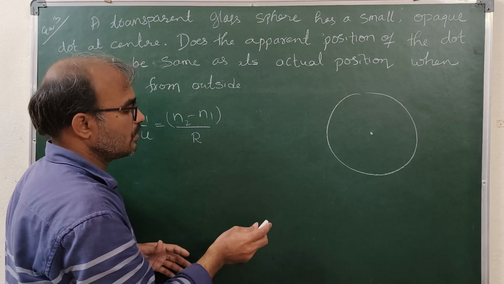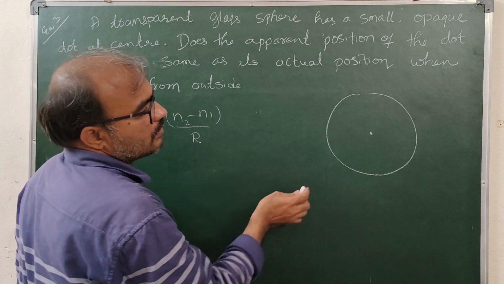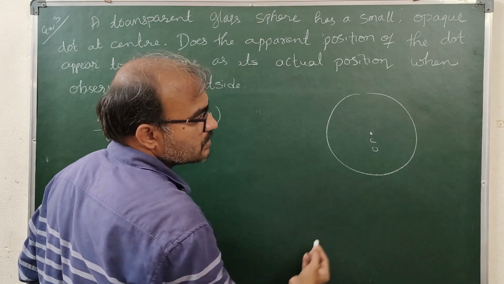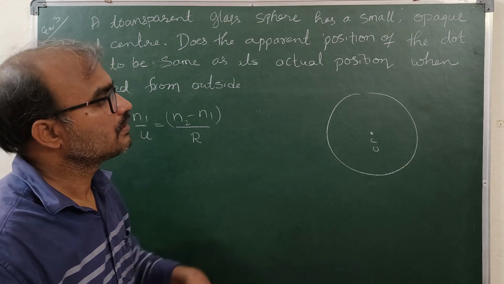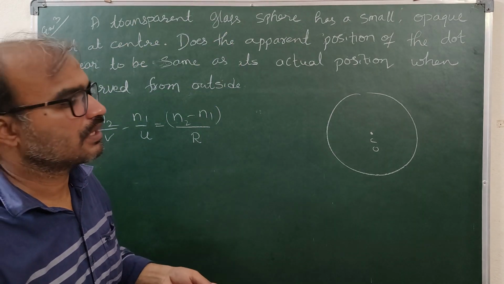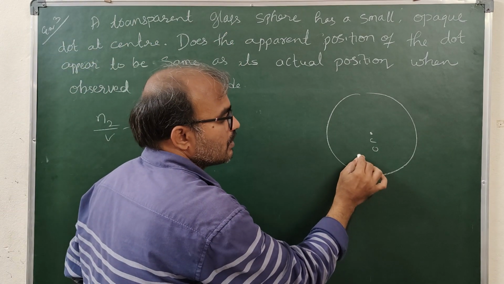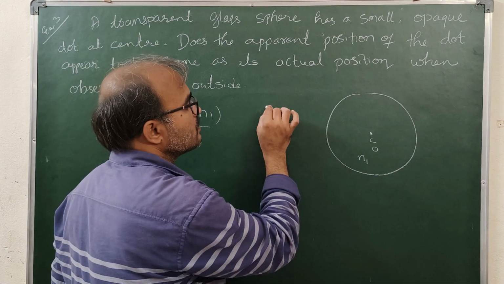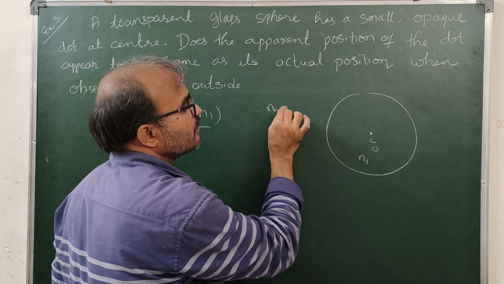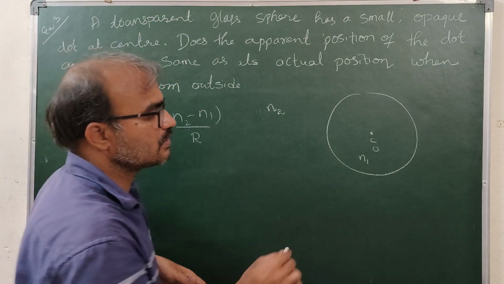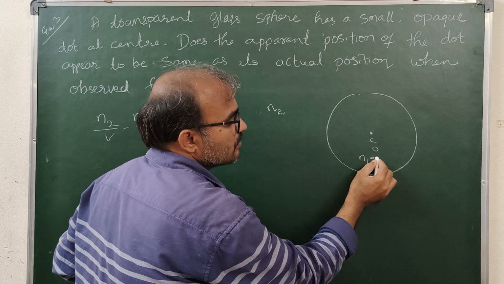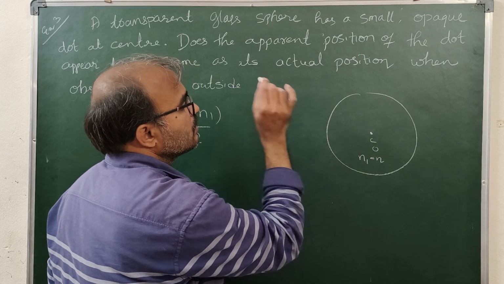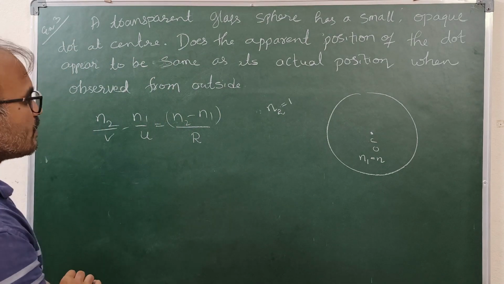Now this will be C. This is only the O, the object distance. Now the object is in the transparent glass sphere, right? So that is why N1 is the refractive index of glass. N2 is the refractive index of the other medium from which it is observed. So N1 is equal to the refractive index of the glass, it will be N. N2 will be 1, right?